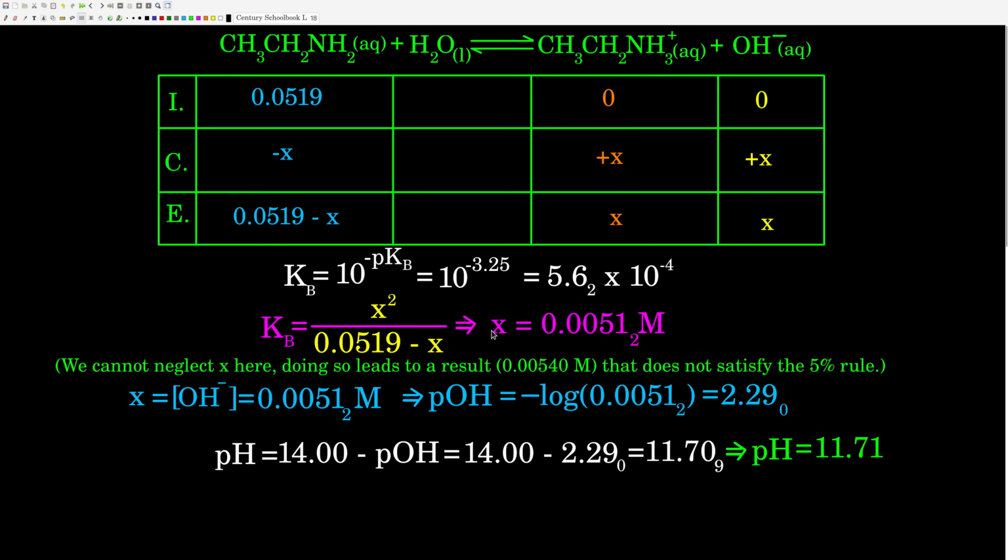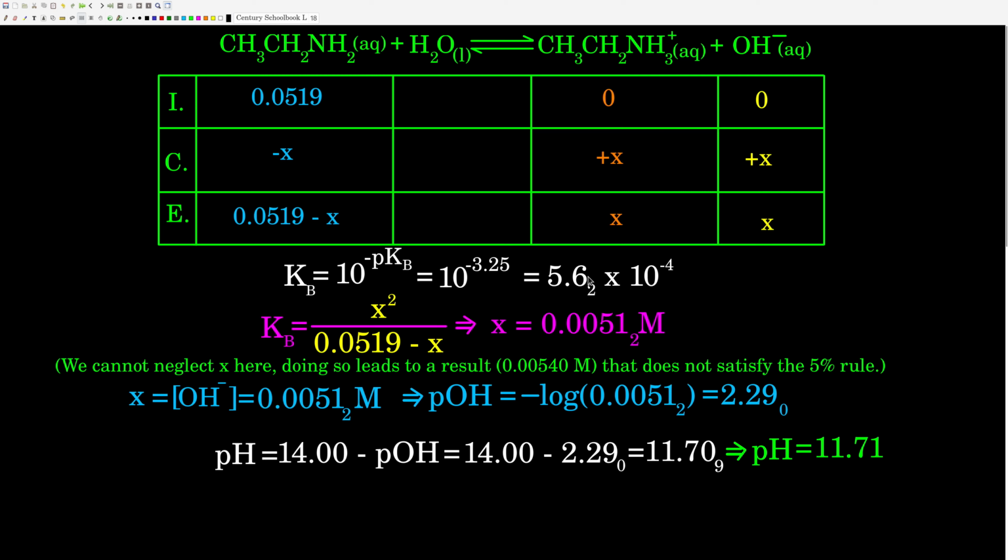Solve this. Now, here, we have to be careful. If we make the assumption that x is a lot less than 0.0519, it ends up not being a good assumption. And it's still a good thing to do because it's so quick. I pretty much always do that and then go back and check. So what I did is I said, all right, what if x is a lot less than this? That means it's real easy.